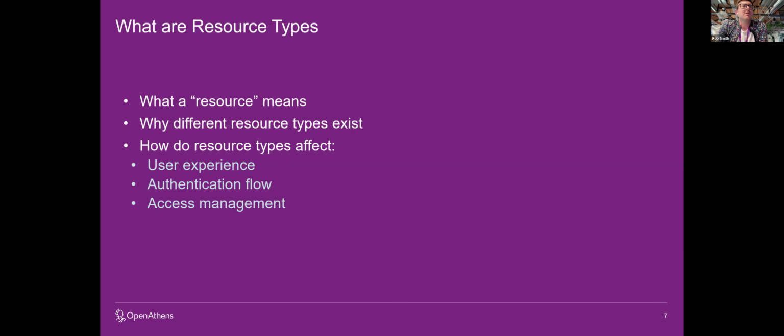Specifically, we're going to zoom in a little bit on the user experience, the steps a user needs to take to authenticate into OpenAthens and access content, and the access management steps: what you might need to do as an administrator to set up these different types of resource. The user experience is generally going to be pretty much the same with a few small variations. There are some slightly different steps you might need to take to set up access to different resource types, though. So we'll talk about that.